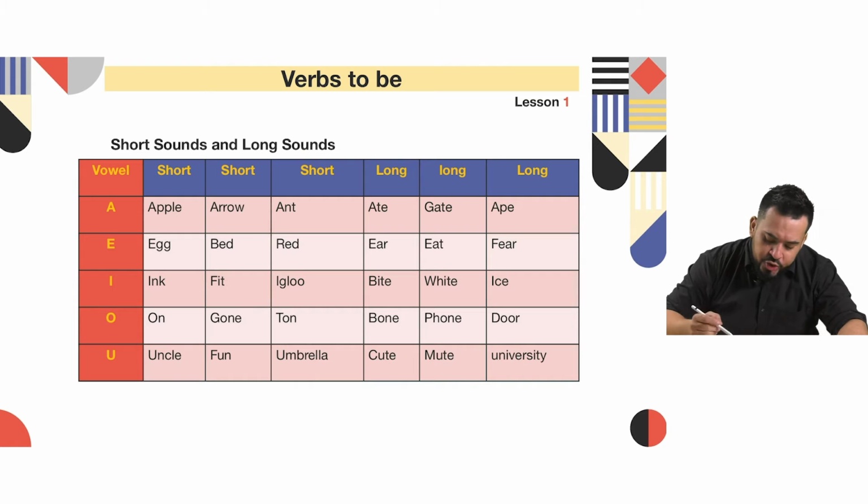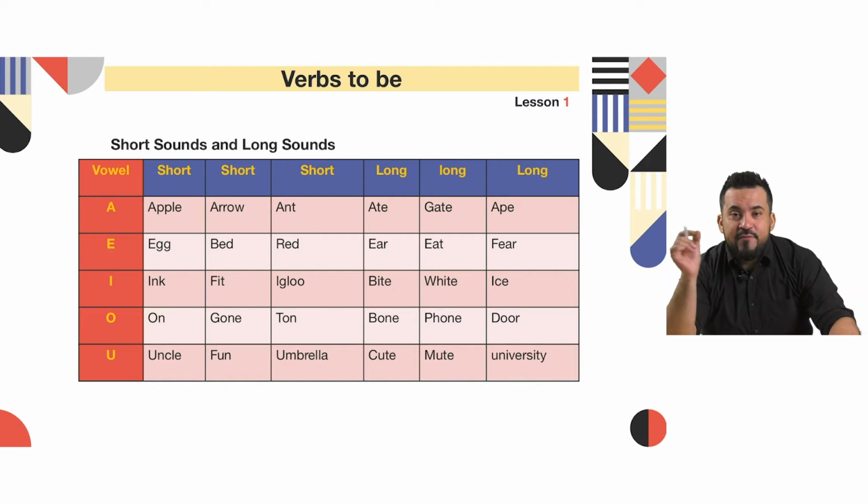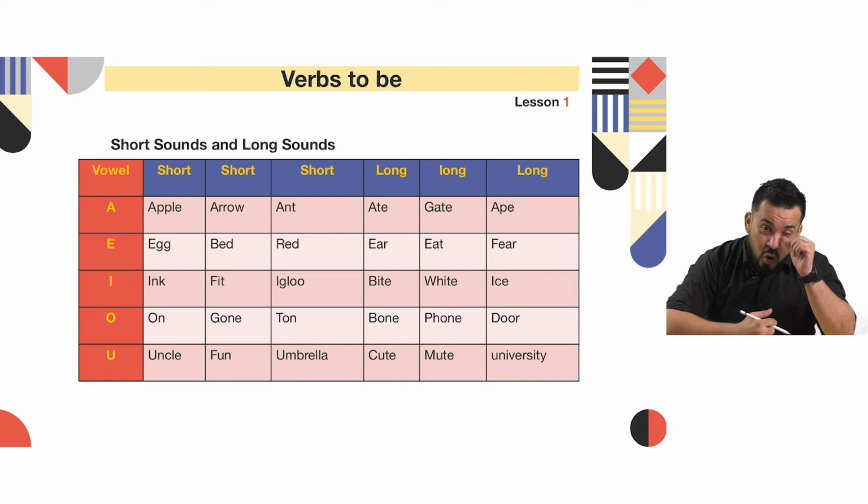Long vowel U is cute, mute, university. All right, these are the short and the long sounds of the vowels.